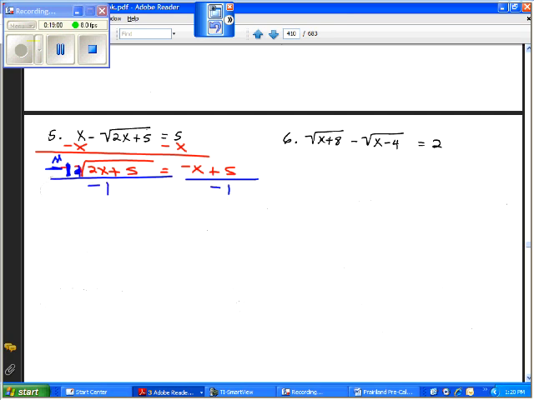So we're going to divide by negative 1, remembering to distribute here. And so we'll have square root 2x plus 5 is equal to positive x minus 5 when we divide by the sign changer. This is a negative 1, right? Negative 1 here.